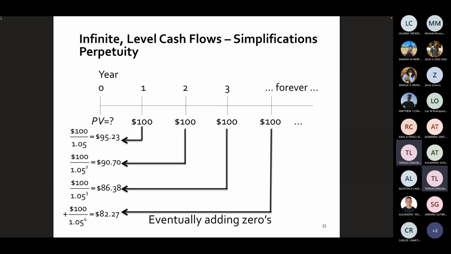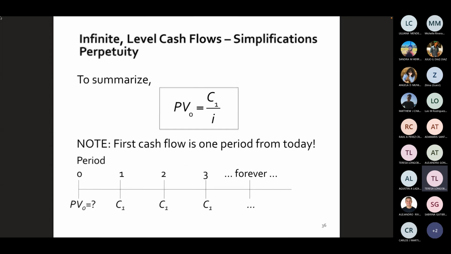These payments are in perpetuity, means forever. And mathematically, because of the time value of money, because $100 1 year from now is worth $95.23 today, and so on, eventually I'm just adding zeros, and that happens after these sum to 2,000.